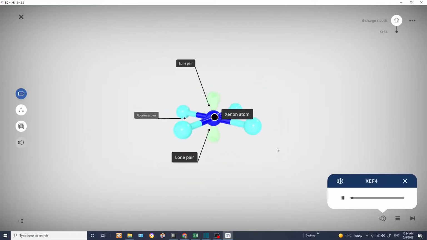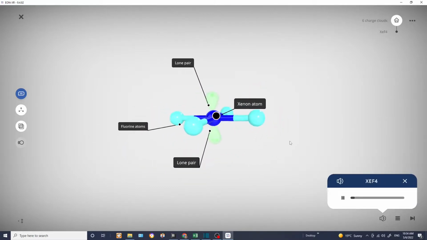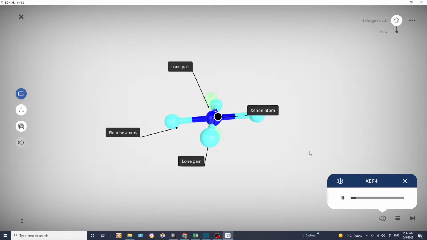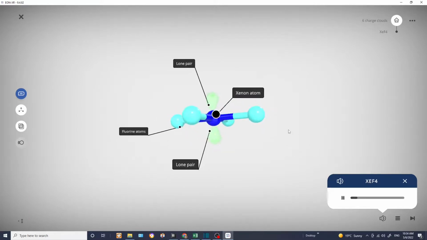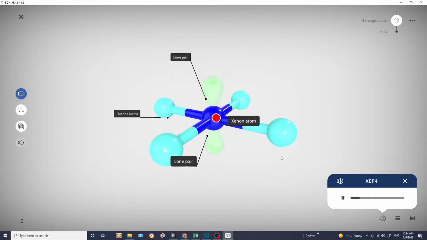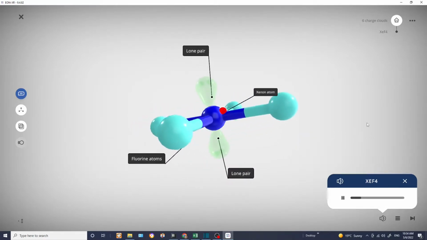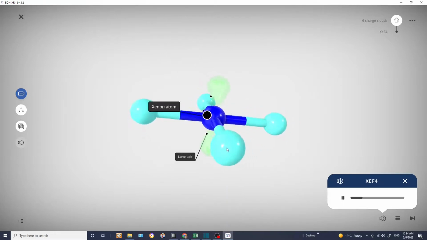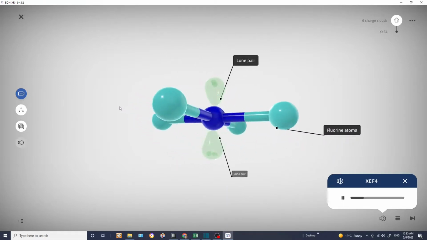In this molecule we have xenon in the middle, surrounded by 4 fluorine atoms. We also have 2 lone pairs, which we have placed on the axial position. Remember, if you have a charge cloud of 6, we are placing the lone pairs on the axial position.